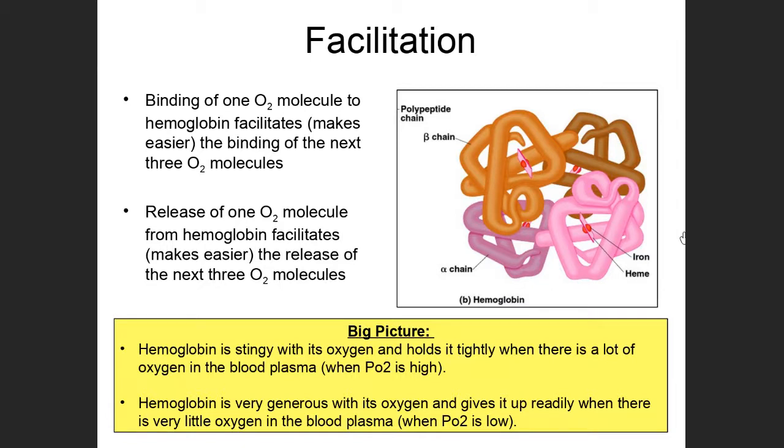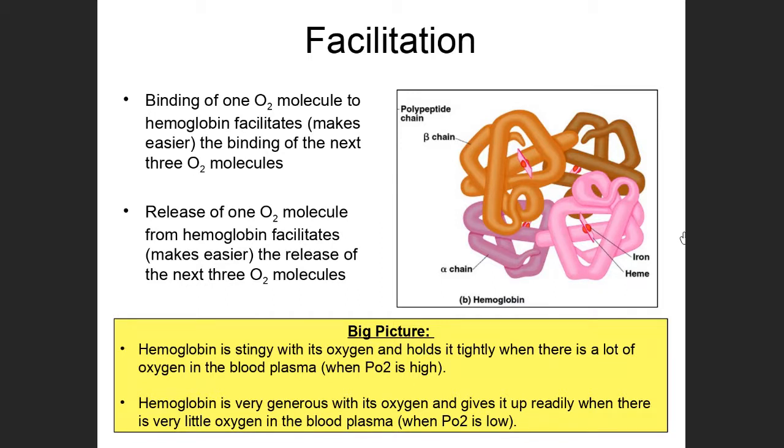The flip side of that is when you have a hemoglobin molecule that's fully saturated. So again, that means that all 4 of those oxygen binding sites are bound to oxygen. We've got 4 oxygen molecules attached. If that's the case, hemoglobin tends to hold on very stingily to the oxygen that it has.